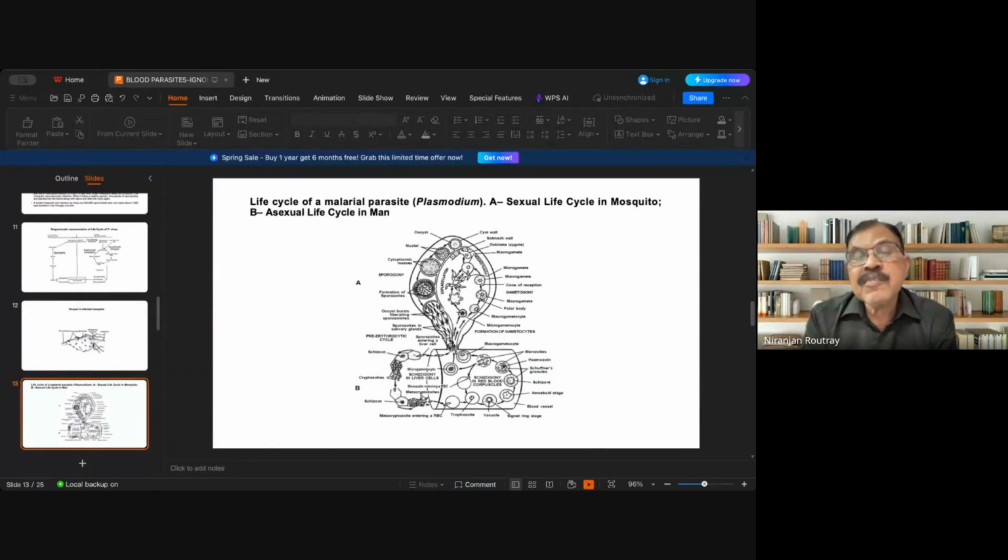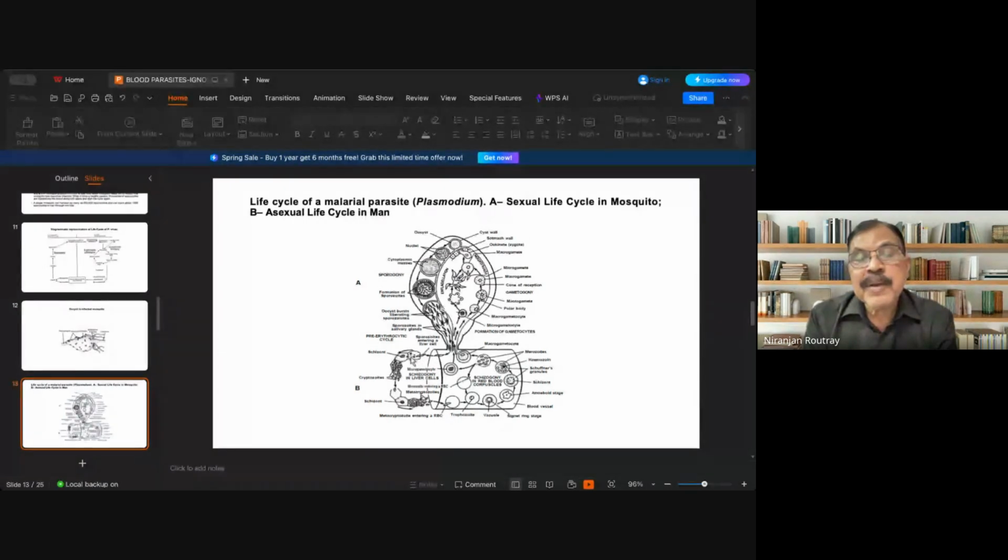After release, they wander about the body, and some find their way into the salivary gland of the mosquito. When the mosquito bites, along with the anticoagulant present in the saliva, they are released into the blood, and the cycle follows.